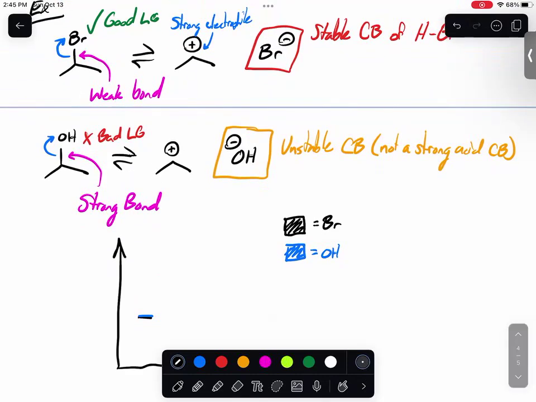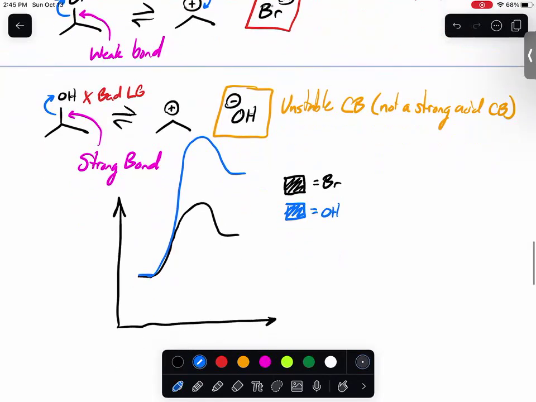One of them's making Br, the other one's making OH. So the one that's making Br, yeah, it's going to increase in energy because it's making charged stuff, but the one that contains the OH is going to be massively higher in energy for both activation and product formation in terms of enthalpy. Okay? So depending on that stability, that tells you what's a good leaving group. If the activation energy is too high, it's a bad leaving group.